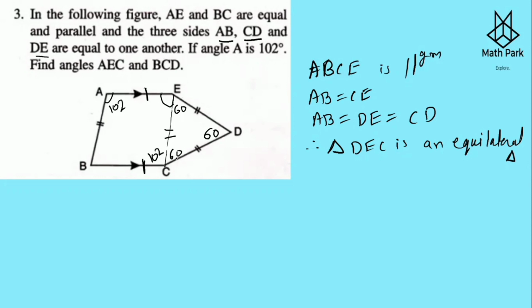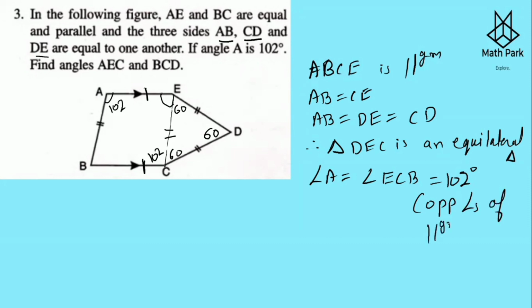Now we have angle A is equal to angle ECB, which is 102 because opposite angles of a parallelogram are equal. So therefore we got 102, and since it was an equilateral triangle, each angle is 60 degrees. So therefore we get angle BCD is equal to 102 plus 60, which is 162 degrees.